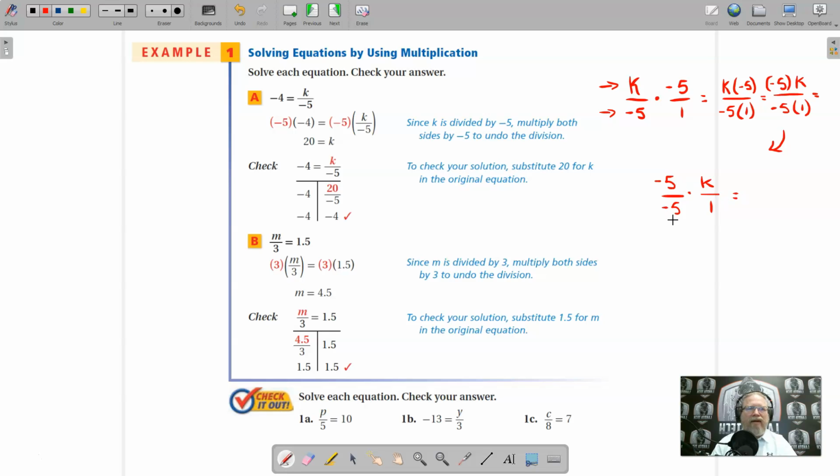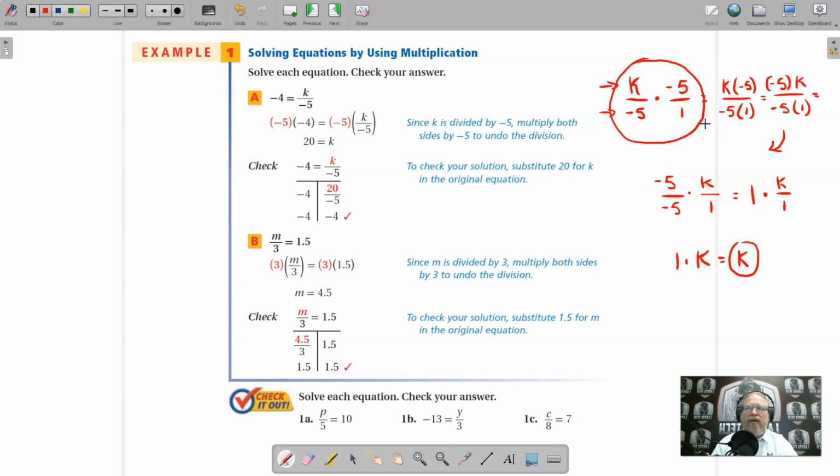Well, -5 divided by -5 is going to equal 1, right? Any number over itself is equal to 1, so I would end up with a value of 1 times, now let's bring the k over 1, k over 1, and another rule that I know is that any number over 1 is equal to itself. So then I would have 1 times k, and anything times 1 is equal to itself, so I end up with just k. So it's a long way around.